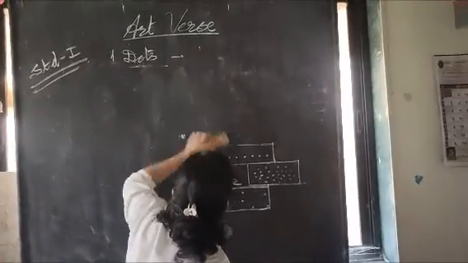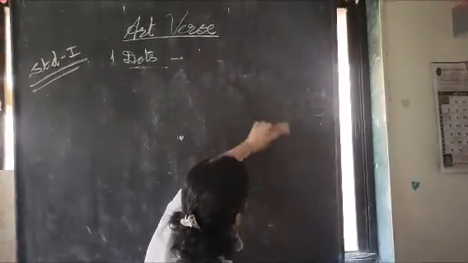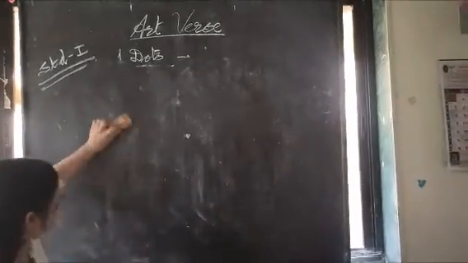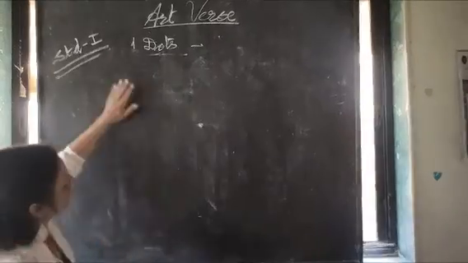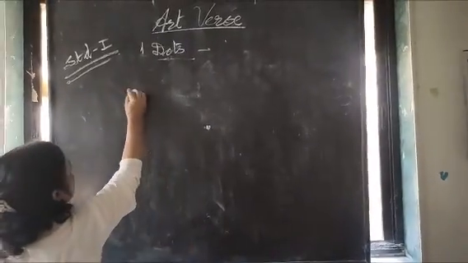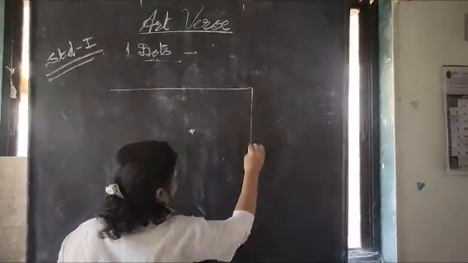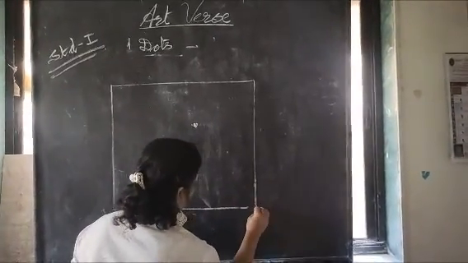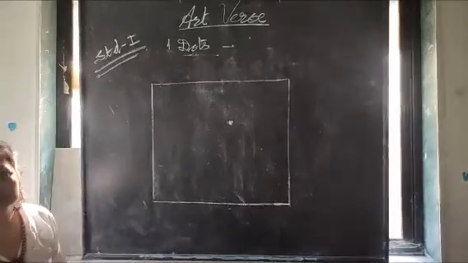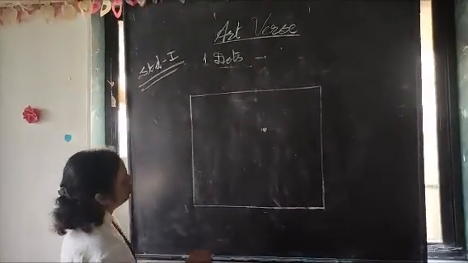And also friends, try it at home many times. It gives you a practice of double lines. So draw a shape, square, rectangle, circle, pentagon, triangle, whatever you want to draw.